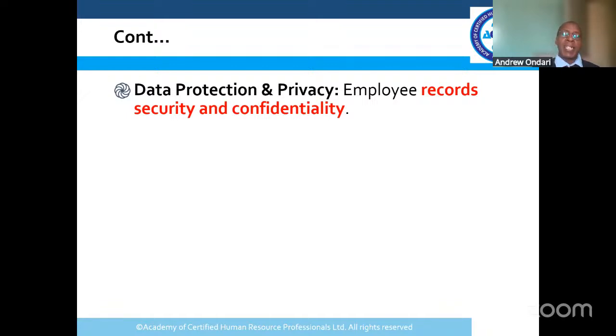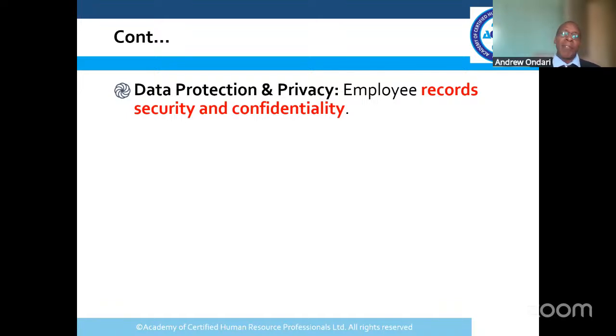So confidentiality has to do with divulging information to other third parties, compared to security, which talks about safety of records, free from theft and manipulation.